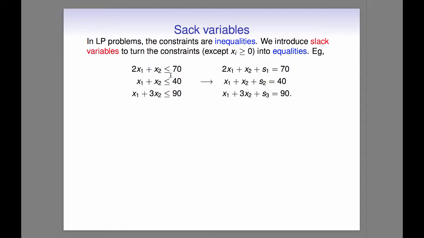Because the left-hand side is less than or equal to the right-hand side, the thing that we're introducing is going to be non-negative. So all these new variables will be greater than or equal to 0.